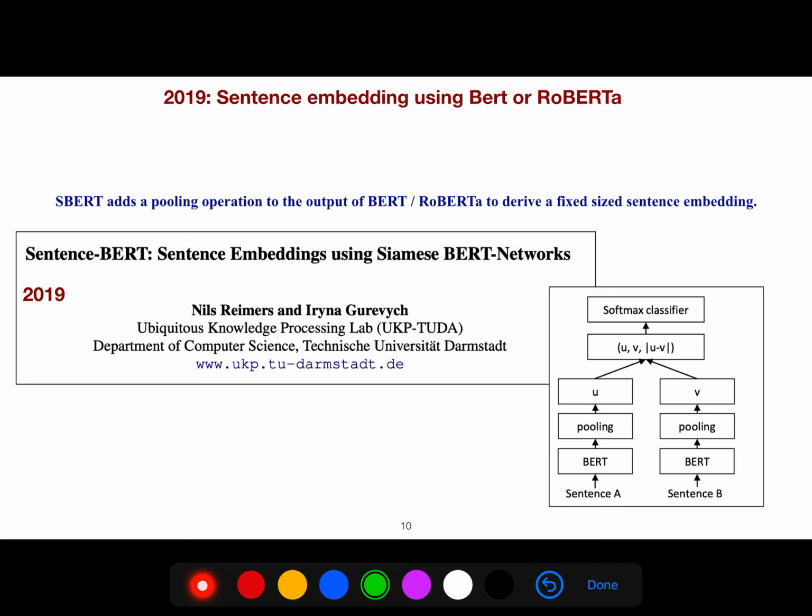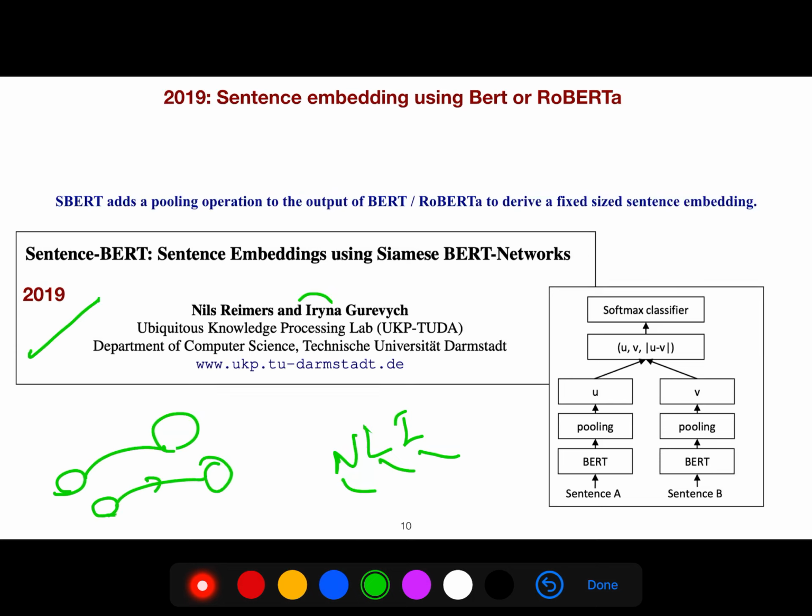Another idea, which is very important, was done by Irina in University of Darmstadt in 2019, which is good for supervised learning. For example, they did it for the NLI dataset, natural language inference. For example, this sentence entails another one, or this sentence contradicts another sentence, or this sentence is neutral to another sentence.